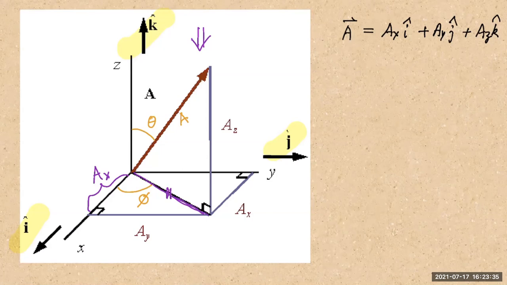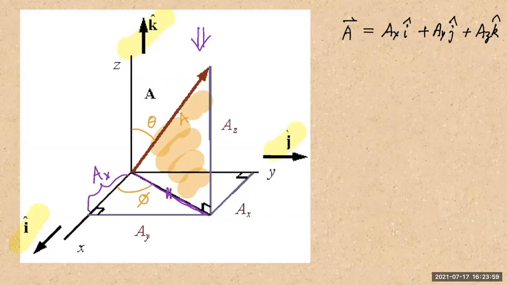And so how long is the shadow? Well, look at this vertical right angle triangle here. Let me highlight it. This one. This vertical right angle triangle has a hypotenuse, which is the magnitude a.